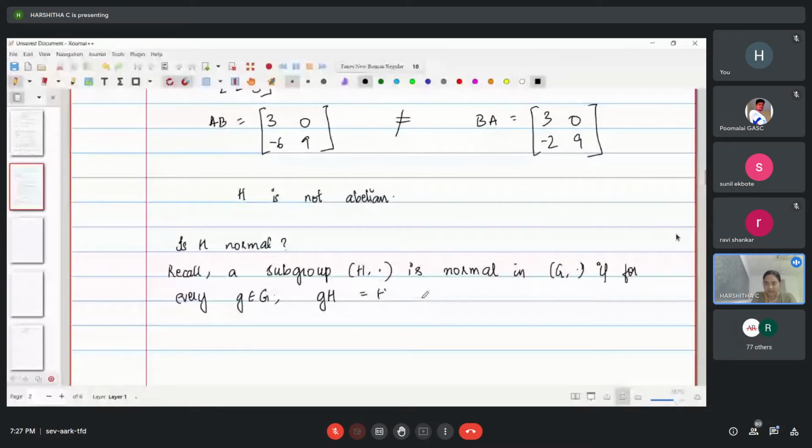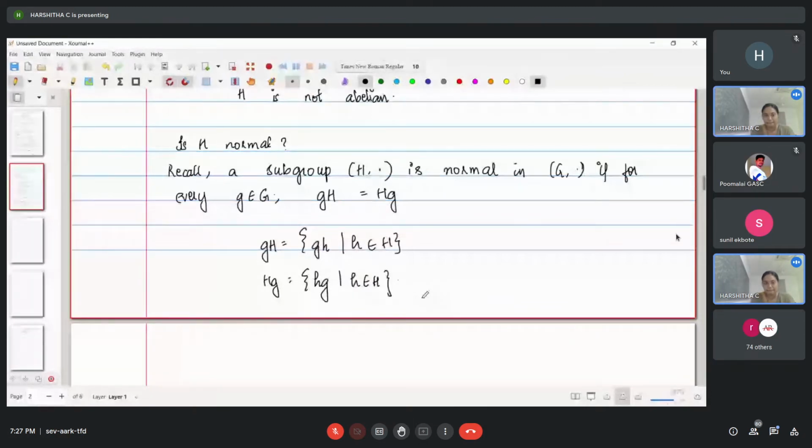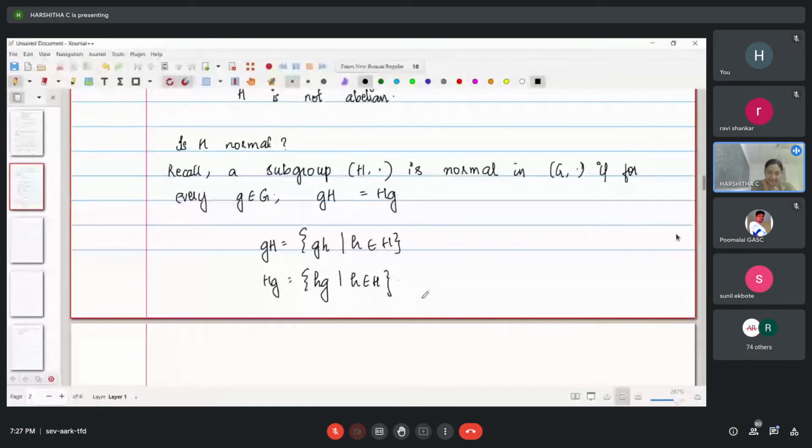I hope you remember these notations. So gH is, you take this element g, left coset is equal to right coset. So they're called left cosets and right cosets. It is basically this element g multiplied with every element of H. And Hg is the right coset. So what it says is every right coset is also a left coset, and in fact by the same element.